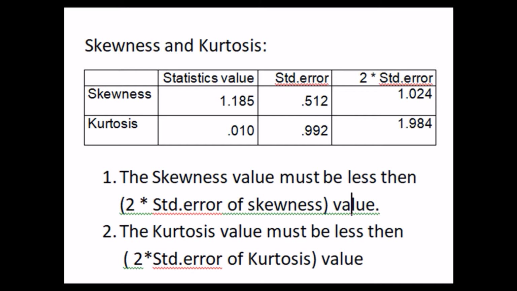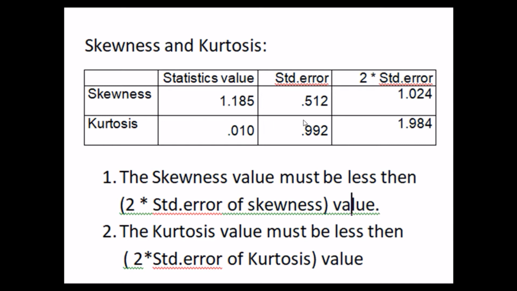To know whether the histogram is skewed or not, if the skewness value is less than this value, we say it is not skewed. If the value is more than this value, then it is skewed. In this case, 1.185 is more than 1.024, which means the histogram is skewed positively, positive sign.